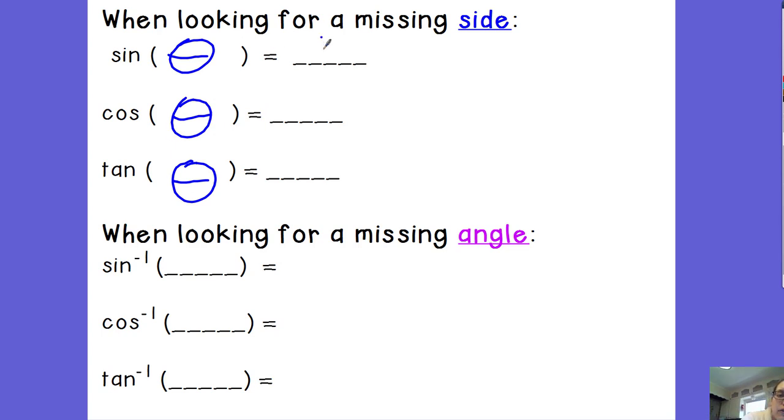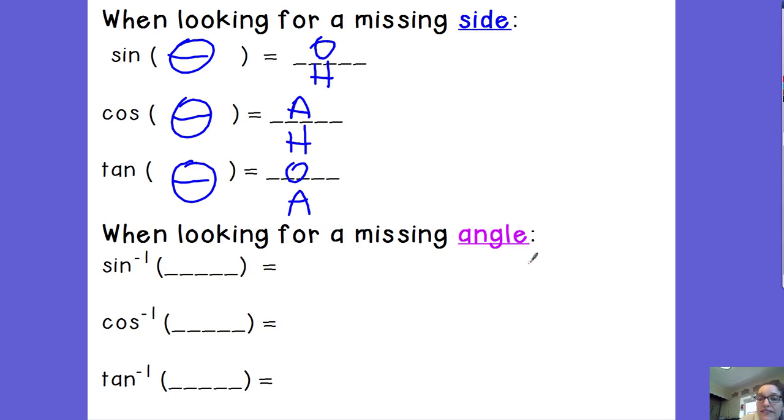So sine is going to be equal to opposite over hypotenuse, cosine is adjacent over hypotenuse, tangent is opposite over adjacent. So you're plugging your angle into the parentheses, and your ratio is on the right side. That's what we don't know. The ratio is what we don't know.